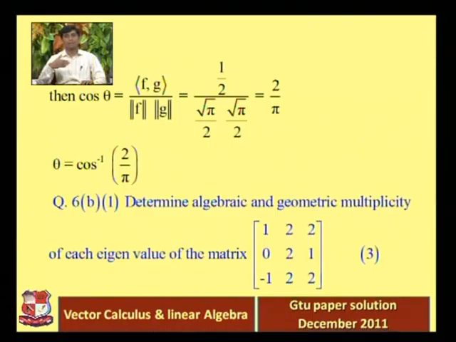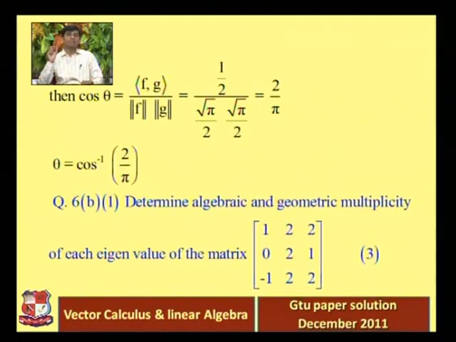Now, if lambda 1 is an eigenvalue that occurs one time, then the algebraic multiplicity of lambda 1 is 1. If lambda 1 occurs 2 times, then the algebraic multiplicity of lambda 1 is 2.